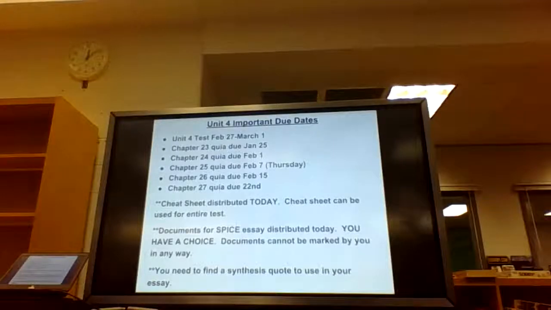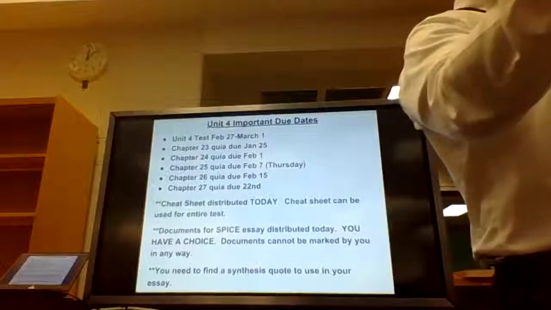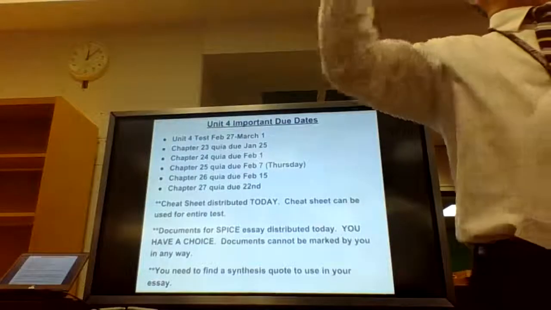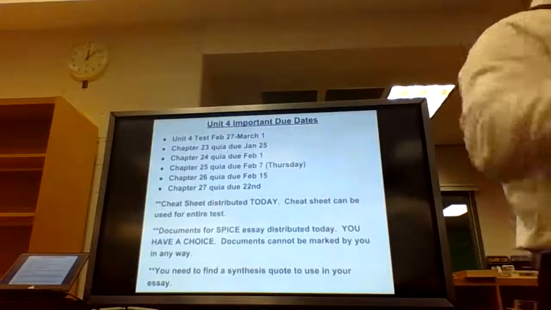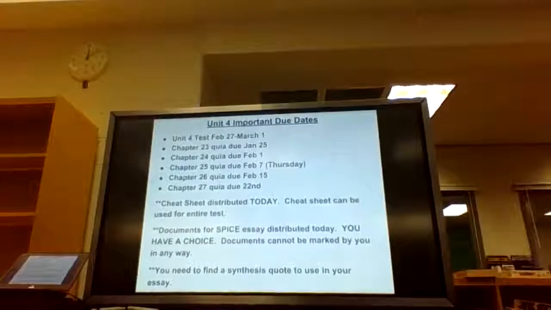Why were the xenophobes and nativists so against immigration in the early 20th century? Excellent synthesis. You could link it to attempts by the current administration to restrict immigration and build a wall and all that stuff. And that's a nice little synthesis.